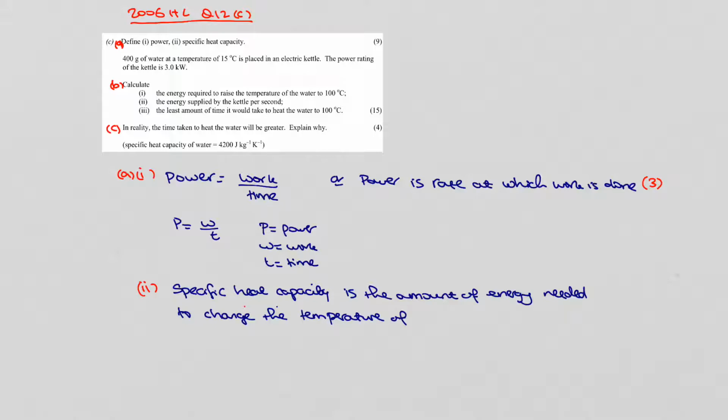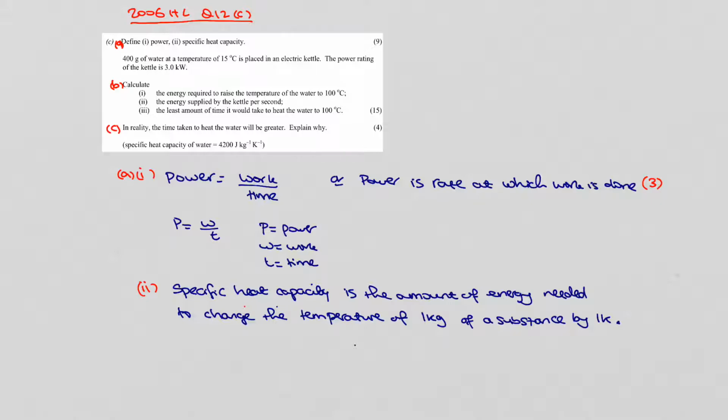So specific is always specific to its mass. By 1 Kelvin. Okay, now if you do say by 1 degree Celsius, that's fine, because the change in 1 Kelvin is the same as the change in 1 degree Celsius.